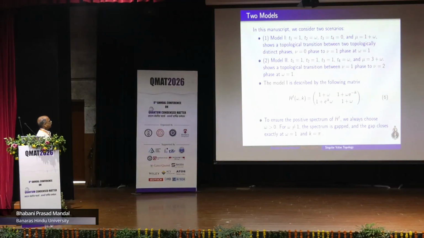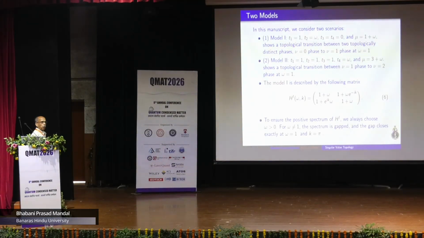So we actually consider two models out of this SSH model. The first model has T1 equal to 1, T2 equal to omega, and mu, that extra term we add, equal to 1 plus omega. This has a topological transition between nu equal to 0 and nu equal to 1.